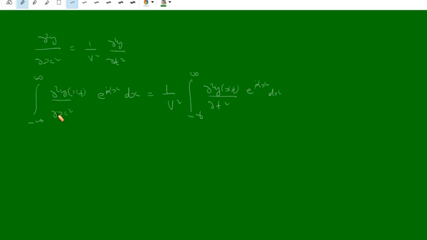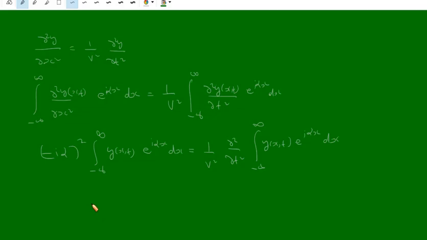Using that equation, this will be equal to (minus i alpha) whole square times the integral from minus infinity to infinity of y of x,t e raised to i alpha x dx, equal to 1 by v square dou square by dou t square of the integral from minus infinity to infinity of y of x,t e raised to i alpha x dx.